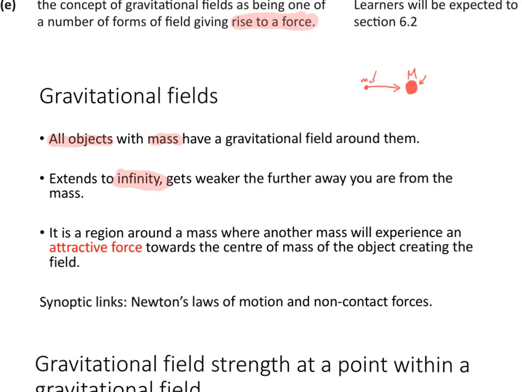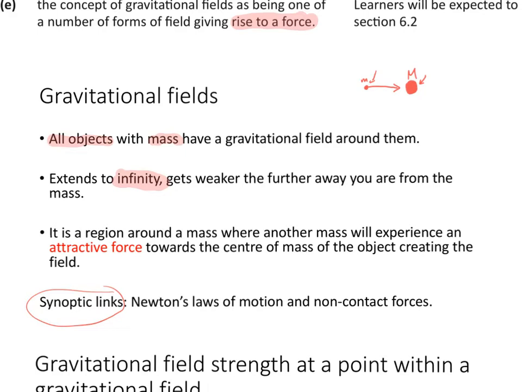This is a good topic to consider the synoptic links. So gravitational force is a non-contact force. We will also be applying Newton's laws of motion here as well, which is quite a synoptic link to a lot of topics actually.